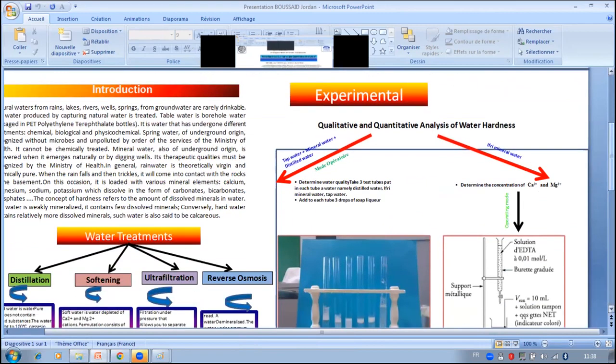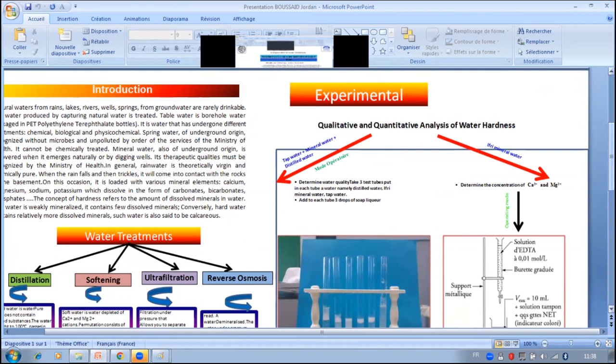Experimental. The qualitative and the quantitative analysis of water hardness. For the qualitative analysis, we put tap water, mineral water, and distilled water in 3 test tubes.